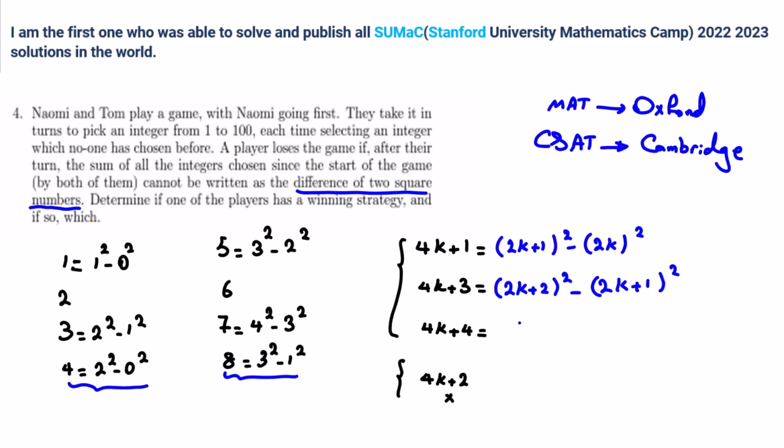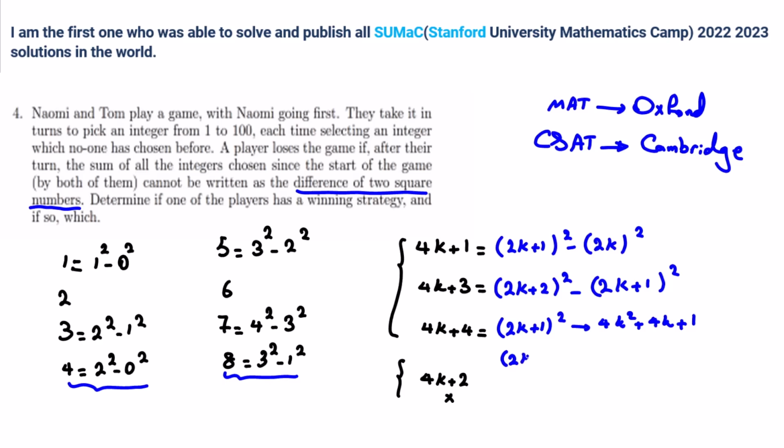So if you consider, for example, 2k plus 1 squared minus 2k minus 1 squared, let's check different cases. 2k plus 1 squared is what? It's 4k squared plus 4k plus 1.